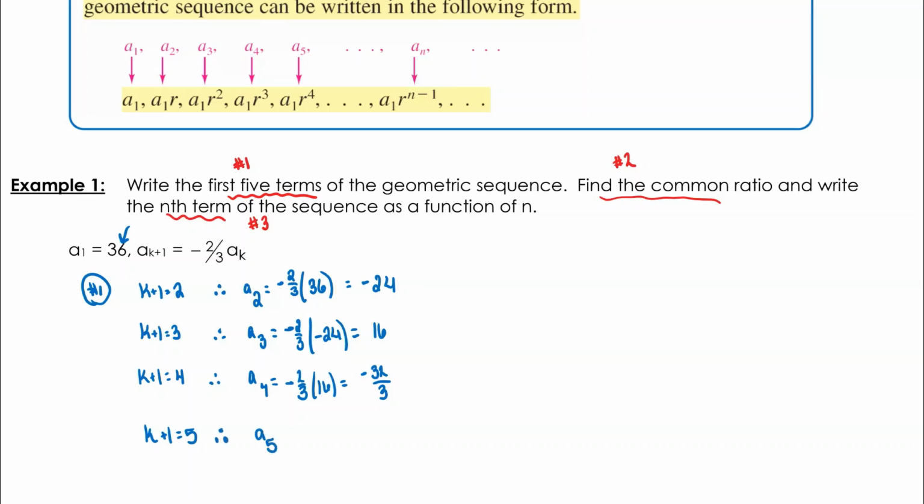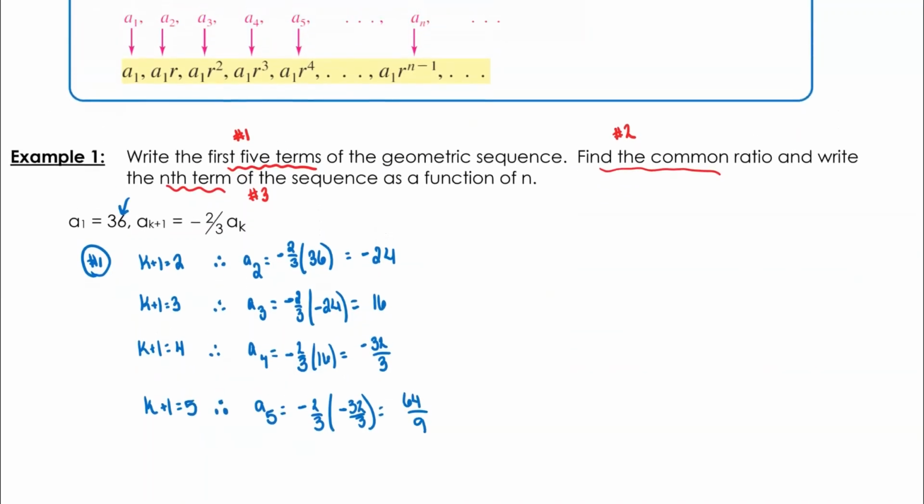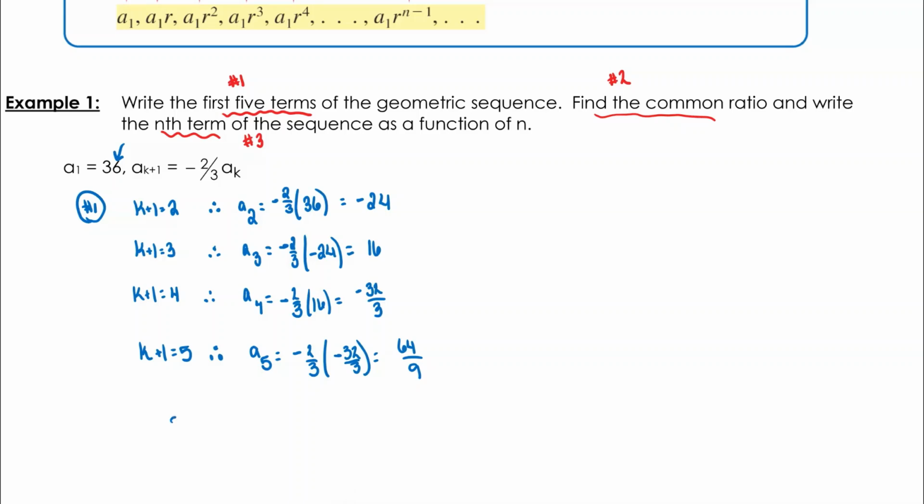So a sub 5 is going to be negative 2/3 times negative 32/3, and that's going to be positive 64/9. Okay, and so that gives me my first 5 terms. The first term was given, 36, and then negative 24, and then 16, negative 32/3, and 64/9.